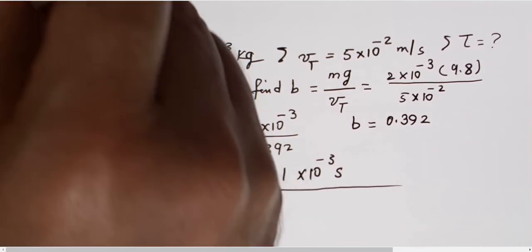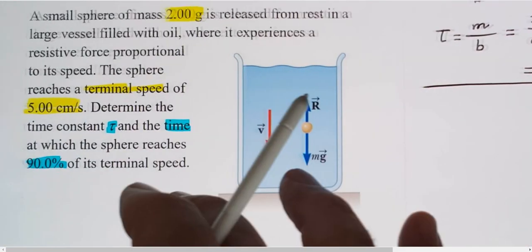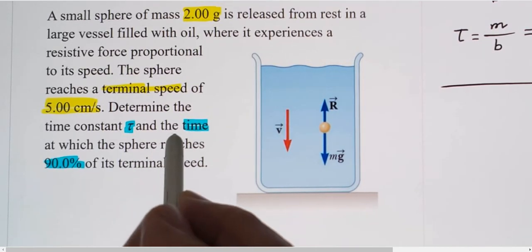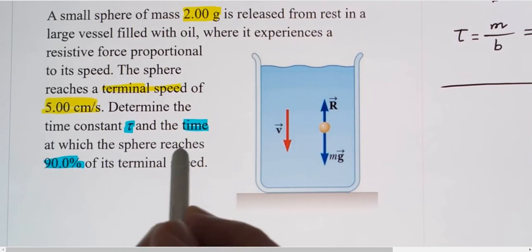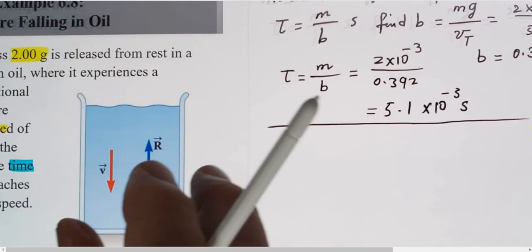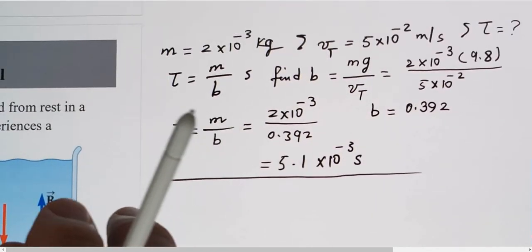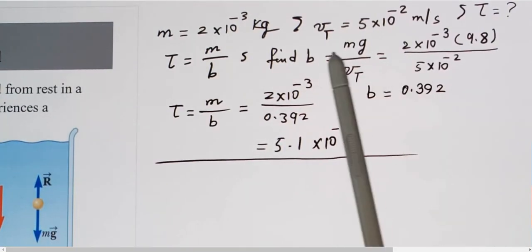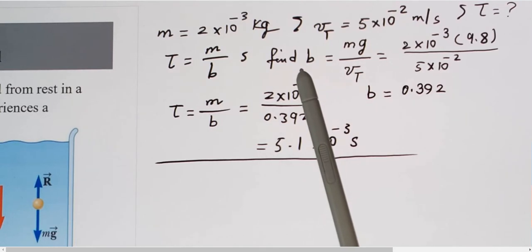طيب, let's do the second part. He wants the time at which the sphere reaches 90%. B is a constant.